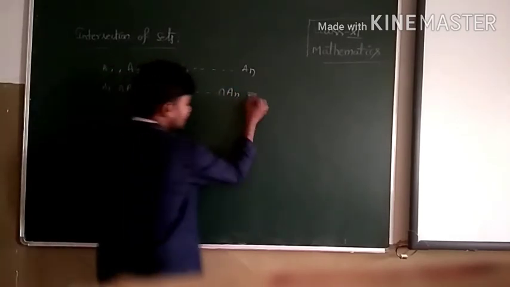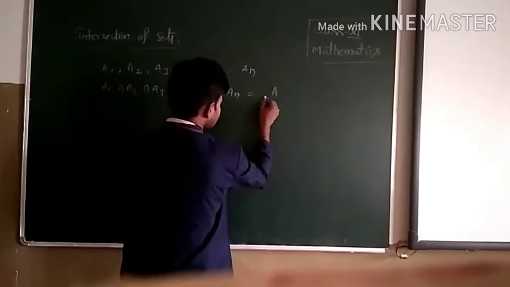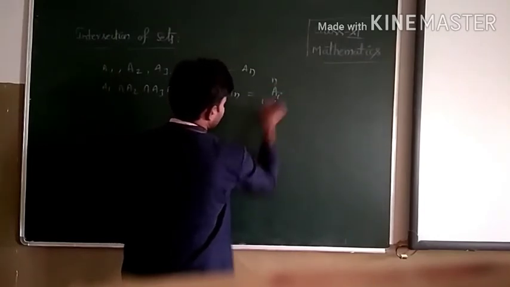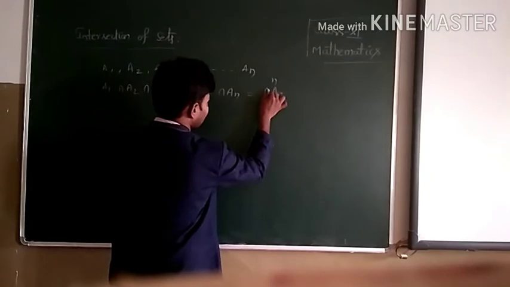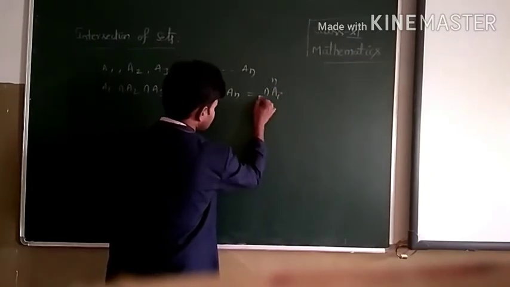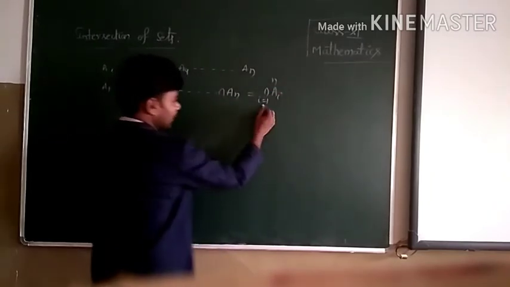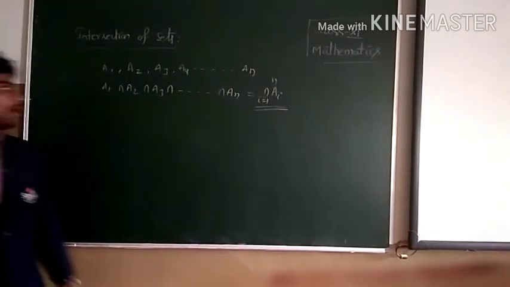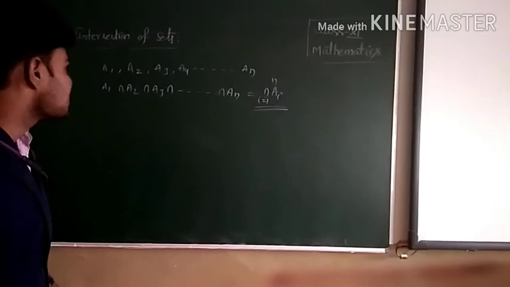We can write this as the intersection of Ai, where i is equal to 1 to N. We can represent the intersection of a finite number of sets.